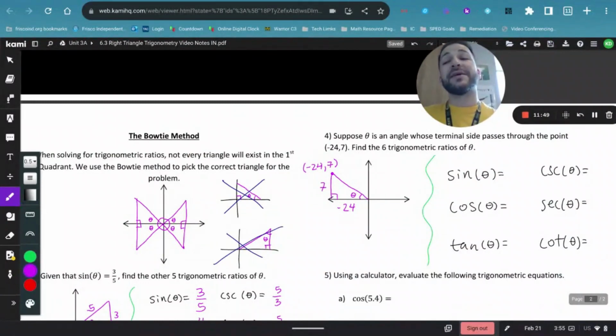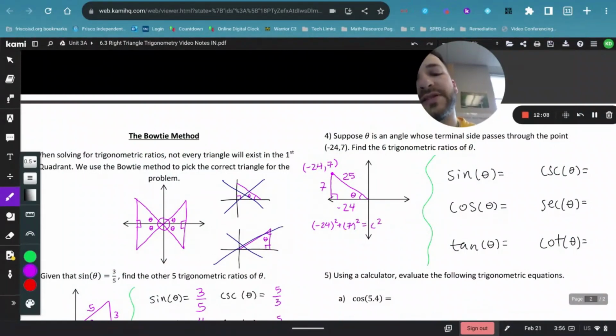This actually is another Pythagorean triple. It's a 7, 24, 25 triangle. But of course, if you don't know how to do that, we can still do Pythagorean theorem. So negative 24 squared plus 7 squared is equal to c squared.